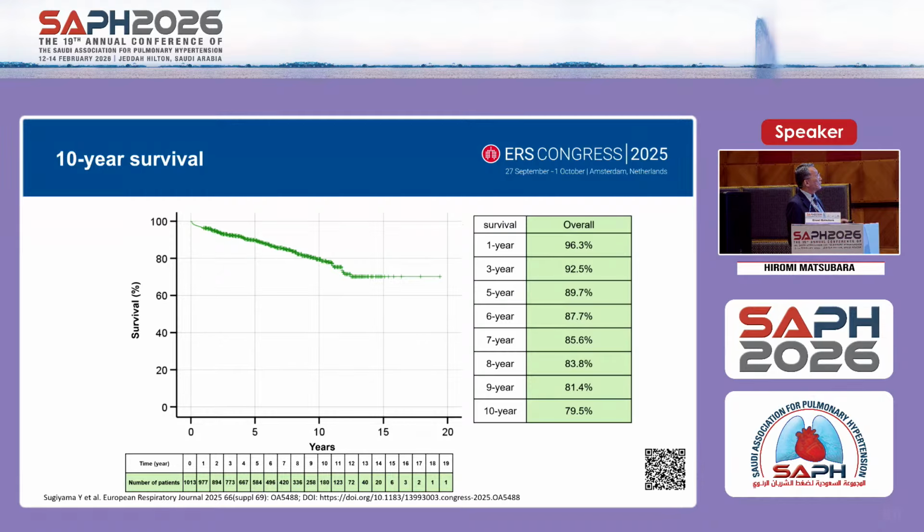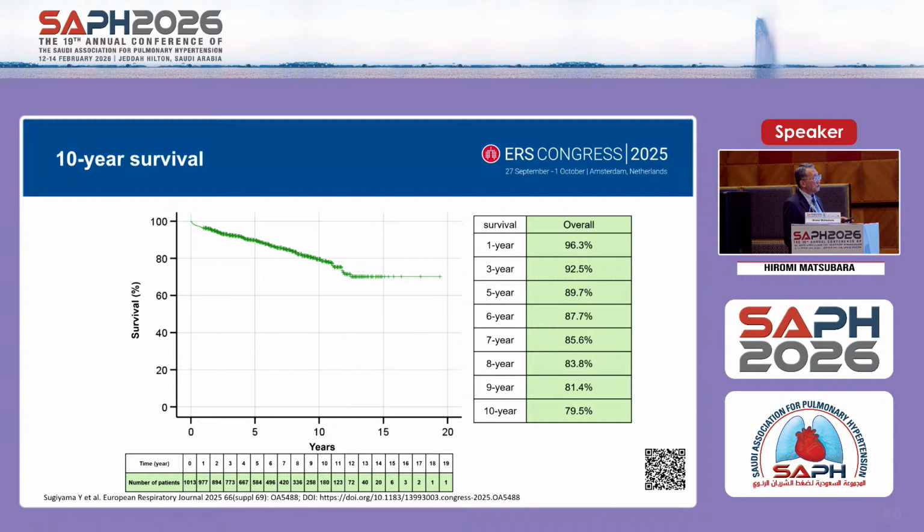Please note that the 3-year survival, 92.5%, is a bit lower compared to the recent international CTEPH registry or BPA registry, or the Japanese BPA registry reported last year. It is because we included all the patients.